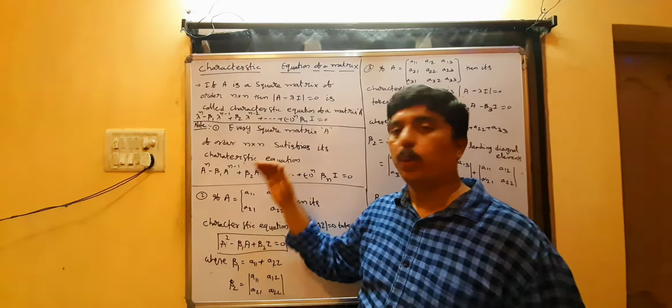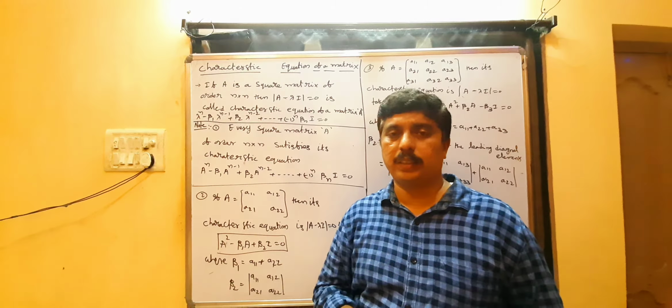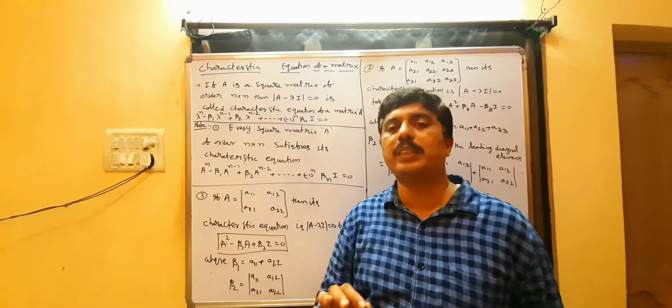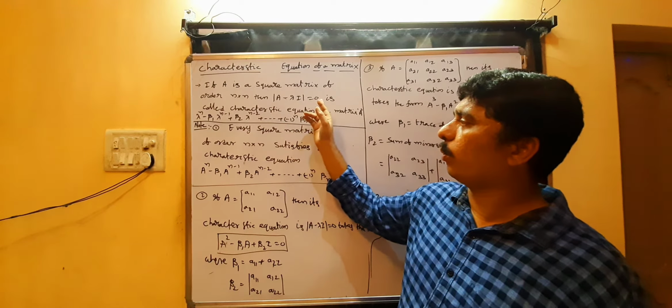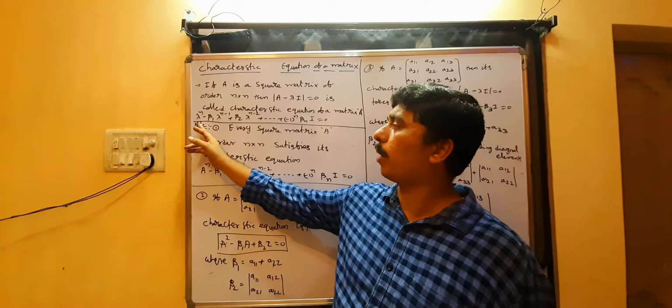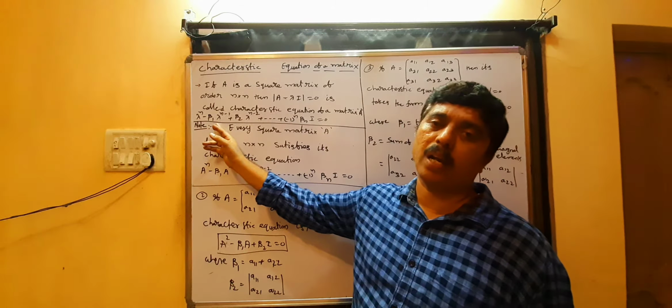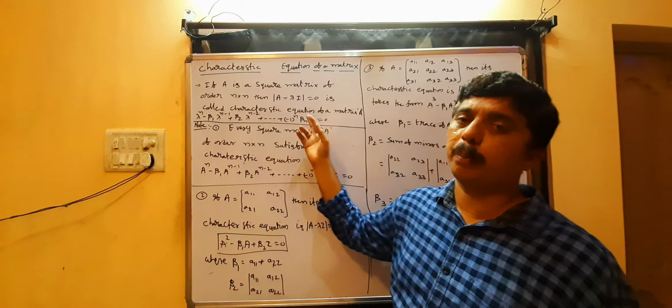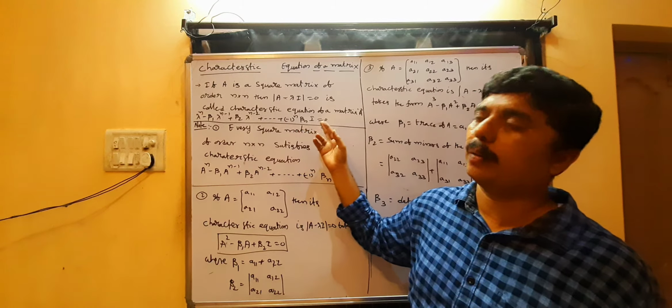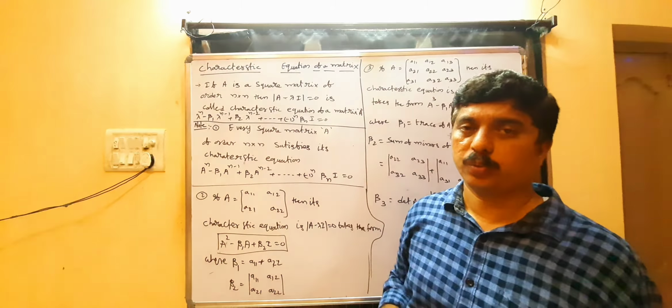Now coming to: every square matrix satisfies its characteristic equation. Determinant of A minus lambda I equal to 0 takes the form lambda power n minus beta 1 into lambda power n minus 1 plus beta 2 into lambda power n minus 2 plus and so on, minus 1 whole power n into beta n into I equal to 0.